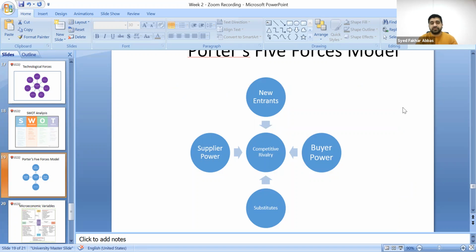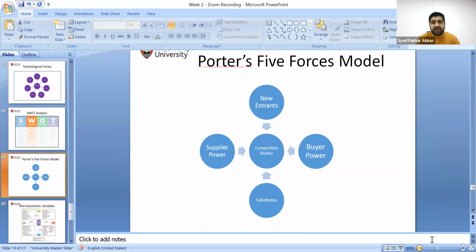Porter's Five Forces. Basically, this model was introduced in 1979. There are a few forces that impact the business environment, for example new entrants, buyer's power, substitutes, supplier's power, and here you can see the competitive rivalry.